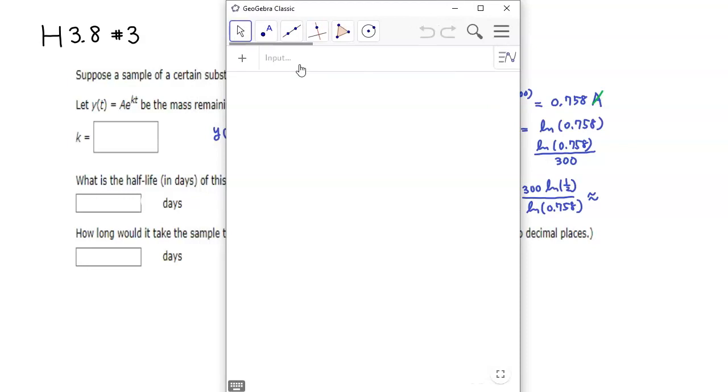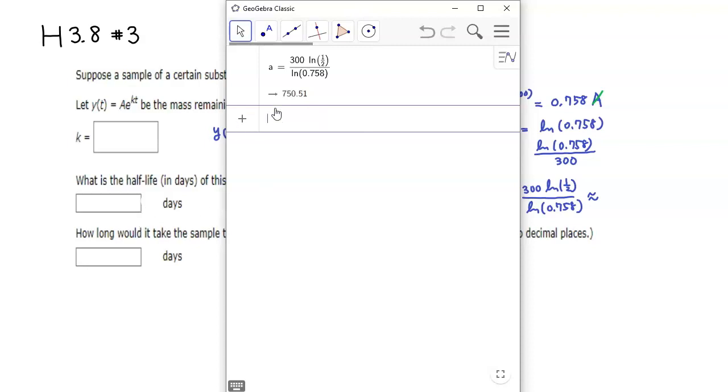We need to do 300 times the natural log of 1/2, or 0.5, it doesn't matter, and divide by the natural log of 0.758, and hit enter. So we have 750.5, so it's going to be 751 days.